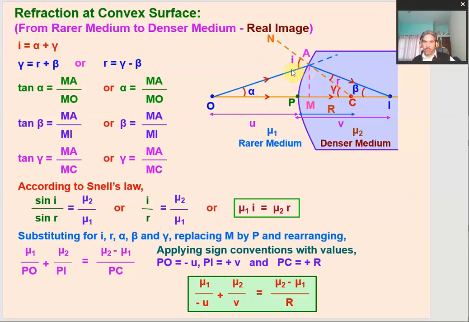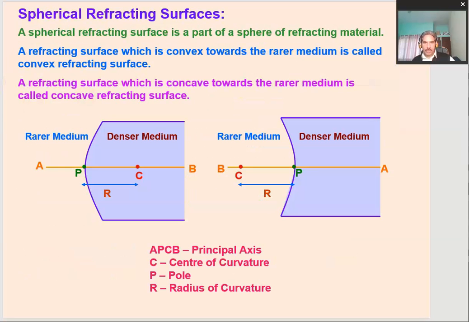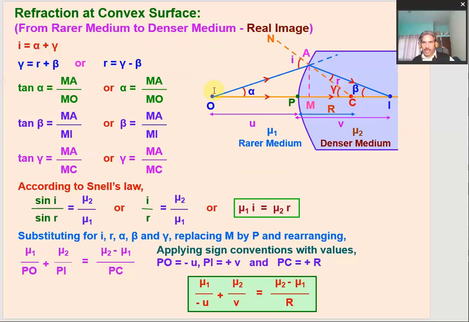Now we try to find the values of alpha, beta and gamma, because we have already assumed that the angles made by the incident ray, refracted ray and this normal with the principal axis are very small, because the aperture of this spherical refracting surface is very small. So these angles alpha, beta and gamma can be replaced by their tangents.